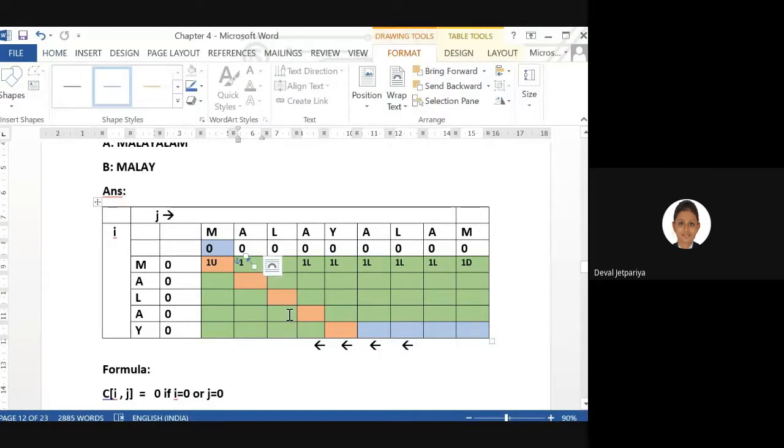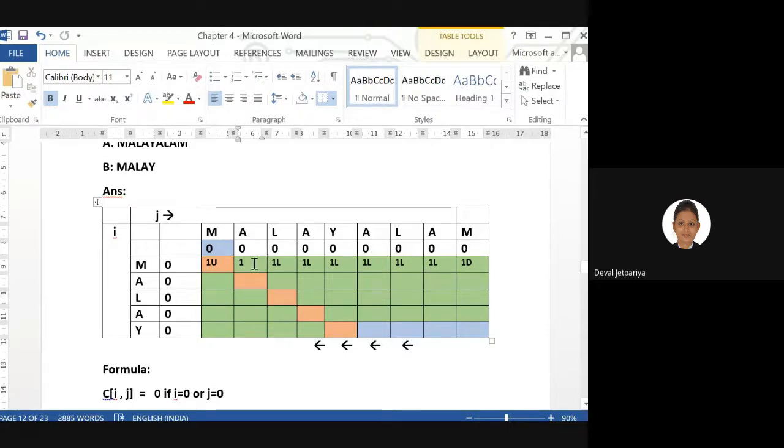But I suggest you don't use the arrow method, because in the exam our drawing may not be very clear, so it is not obvious what you want to show. Better to write the letters like this, that will be a more efficient technique. Everyone getting?